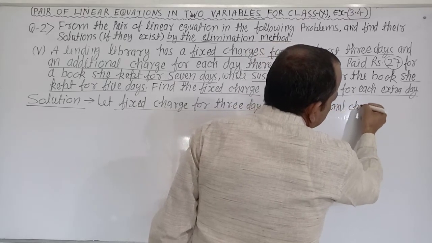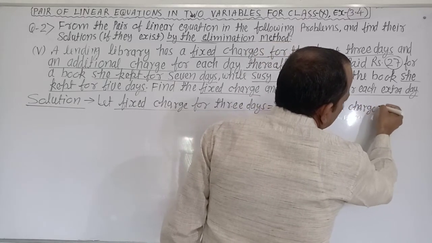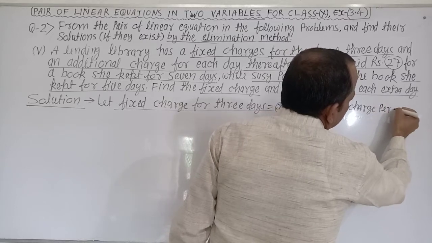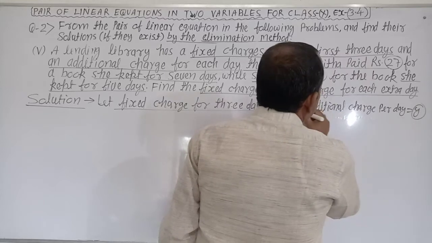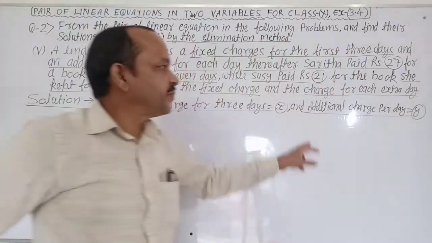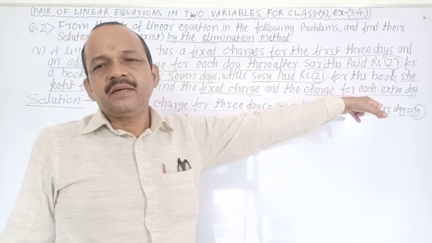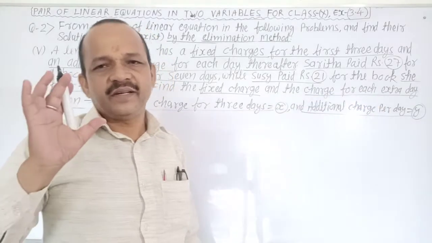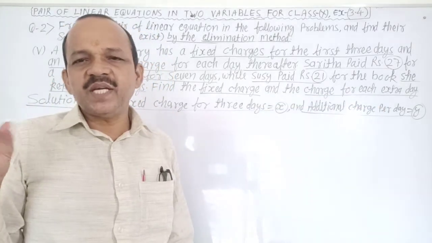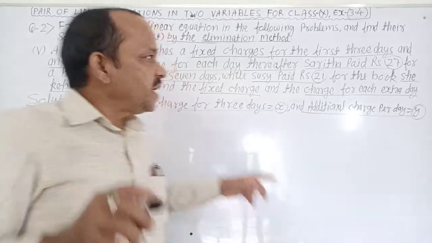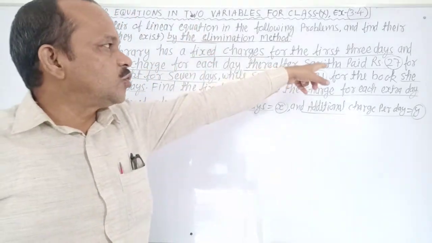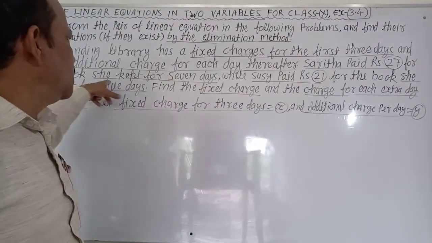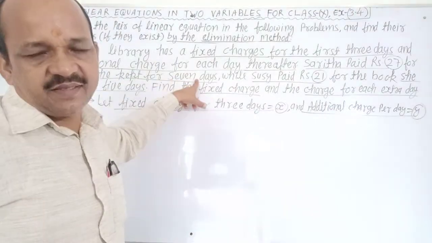Additional charge per day equals y. Additional charge per day equals y. It is clear? No confusion about it. Very good. According to the first situation, Sarita paid 27 for a book she kept for 7 days. Clear?